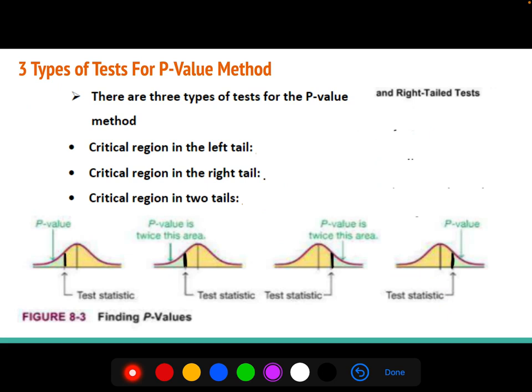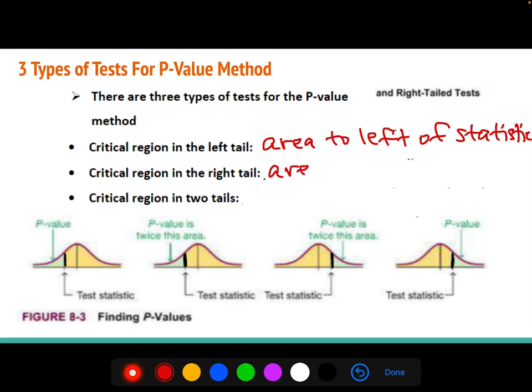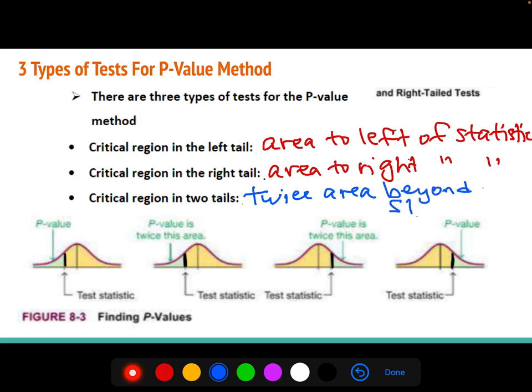There are 3 types of tests for the p-value. Your critical region in the left tail is the area to the left of your statistic. Again, the right, that's area to the right. And 2 tails, since you've got 1 at each end, that's twice the area beyond the statistic.